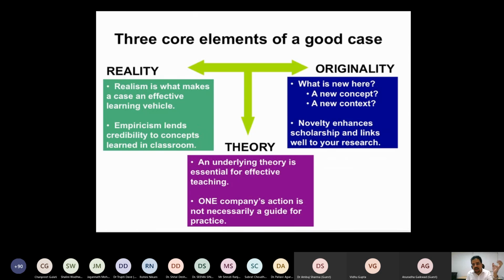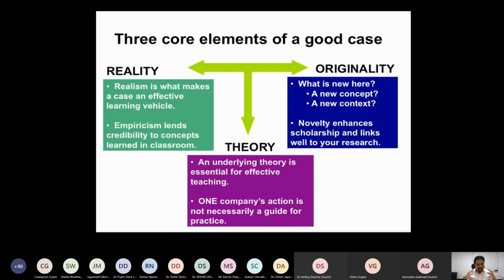Otherwise, you cannot take a figment of your imagination or a fiction from somewhere and say, I will be discussing this, because then you don't know what the solution was and what has happened over a period of time. Secondly, empiricism. Now, what is this? This is about the real data, the real time, and how to use that. That is the most important thing, because data is not given to you in a very direct fashion.